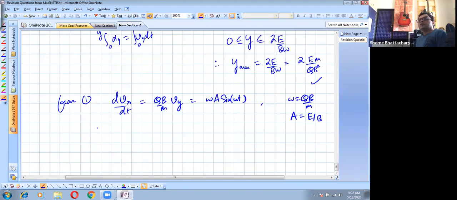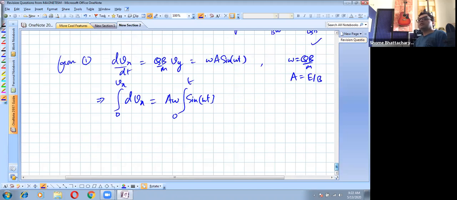Okay, so now integrate this. Zero initially when time was 0, instantaneous Vx at time t. So you can see your Vx will become E times 1 minus cos omega t.